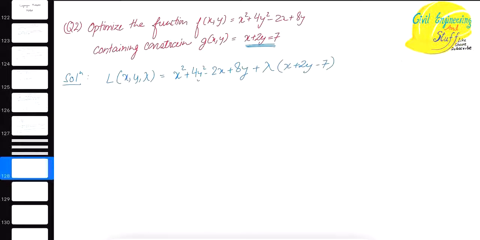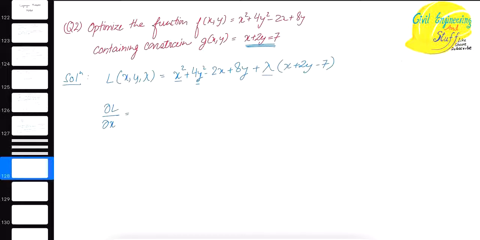Then we have to partially differentiate this equation with respect to the variables it has. The equation has three variables: x, y, and lambda. So we partially differentiate with respect to x.